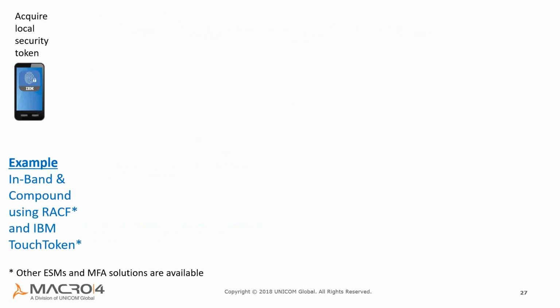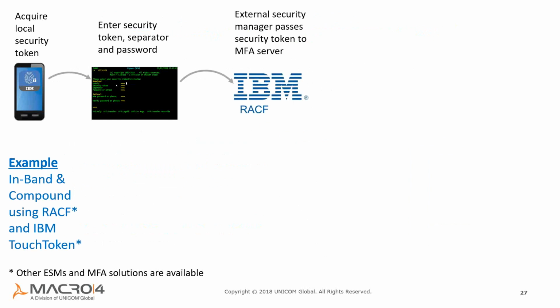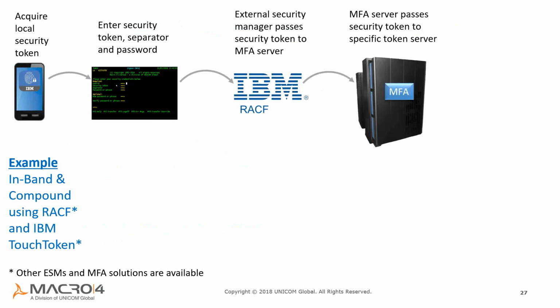Someone uses the phone, puts their fingerprint on, starts up the app, and it generates your token for you. You then put that security token, the separator, and the RACF password into the sign-on screen for your session manager. It will then call RACF like it normally does, and make sure the RACF bits are all okay.